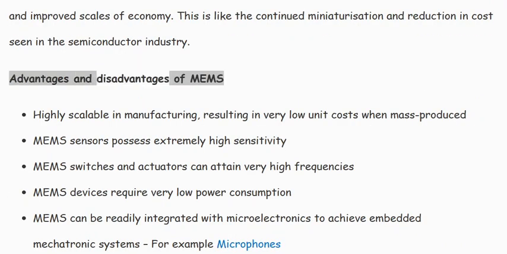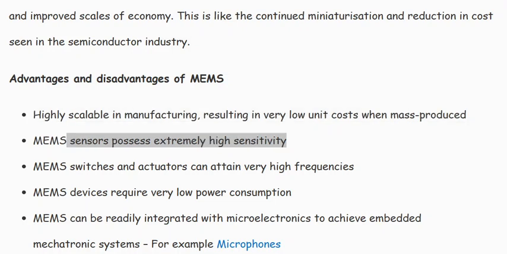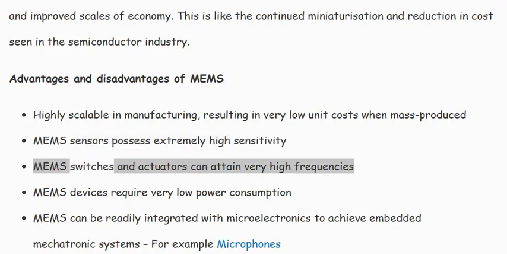Advantages and disadvantages of MEMS. Highly scalable in manufacturing, resulting in very low unit costs when mass-produced. MEMS sensors possess extremely high sensitivity. MEMS switches and actuators can attain very high frequencies.